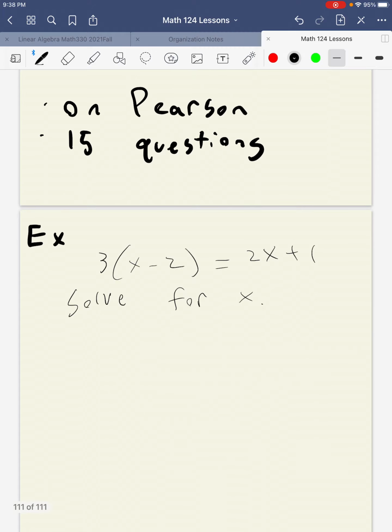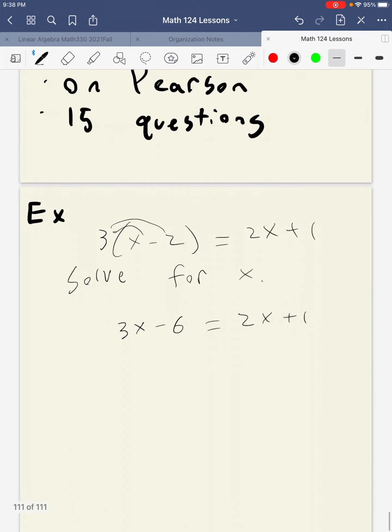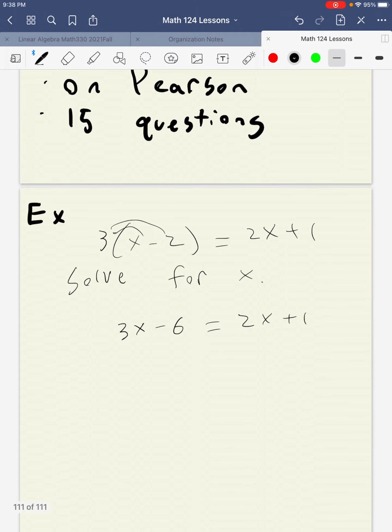Okay, so if we do this, remember how to multiply through the parentheses. It becomes 3x minus 3 times 2, so 6. 3x minus 6 on the left-hand side. And I'll just copy down the right-hand side. Then we combine like terms.